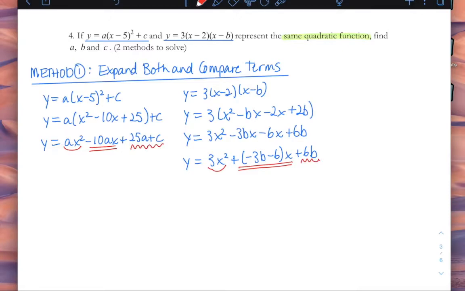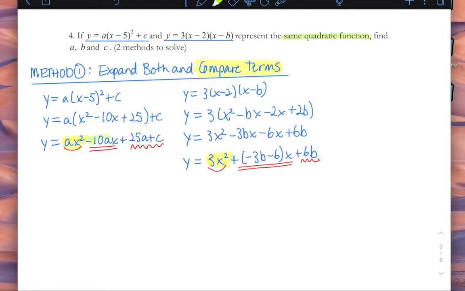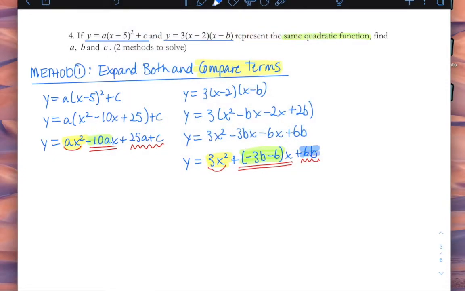What we're going to do at this time is compare the terms of our expansions, meaning we are going to compare our x squared terms to each other, our x terms to each other, and our constant terms to each other. So let's do that in turn.